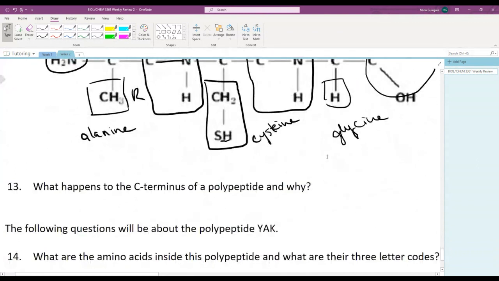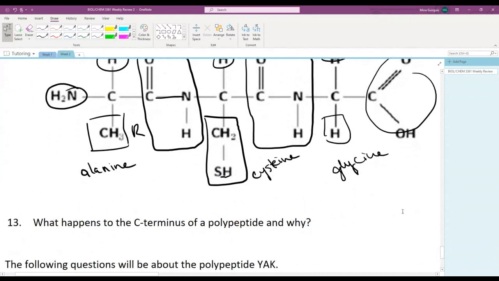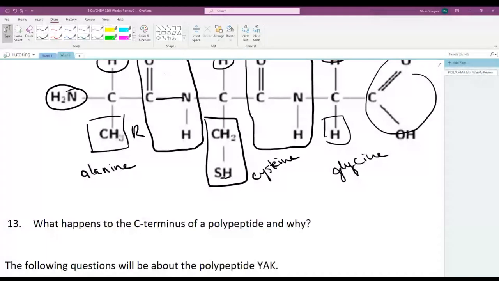All right, next question. What happens to the C-terminus of a polypeptide and why? Okay, so this is an interesting question that your professors are going to expect you to know, particularly when you're doing some of your calculations for polypeptides. So does anyone have any ideas, or should I jump in?